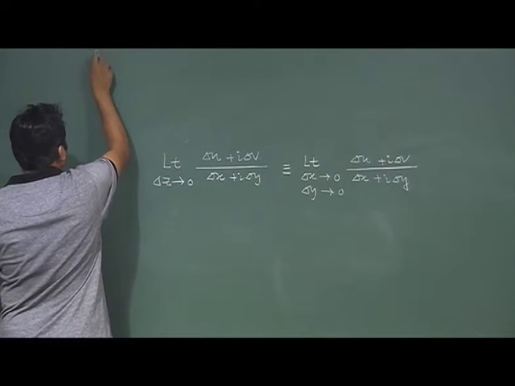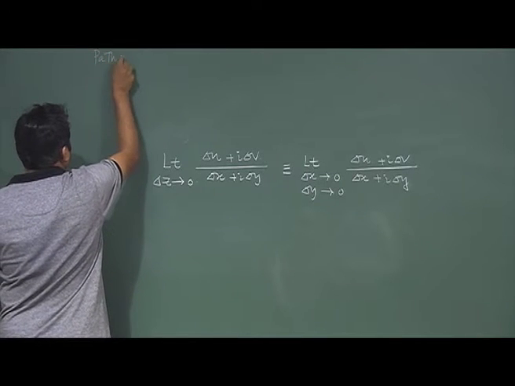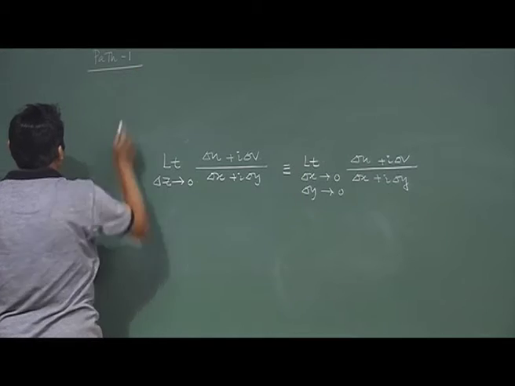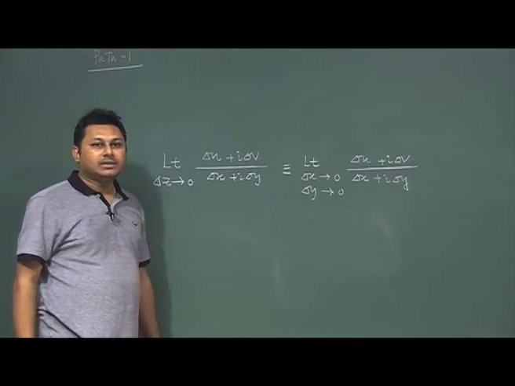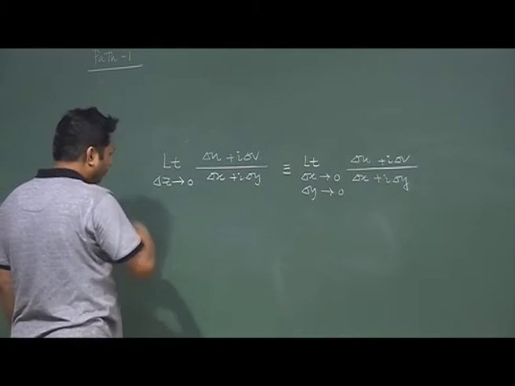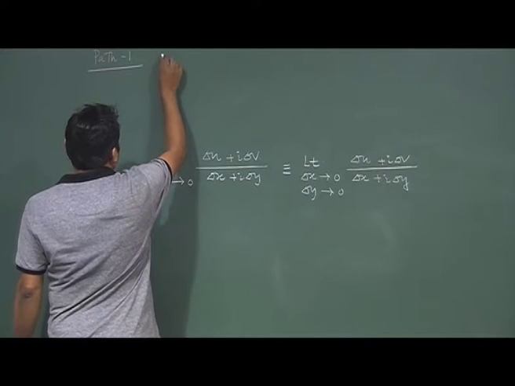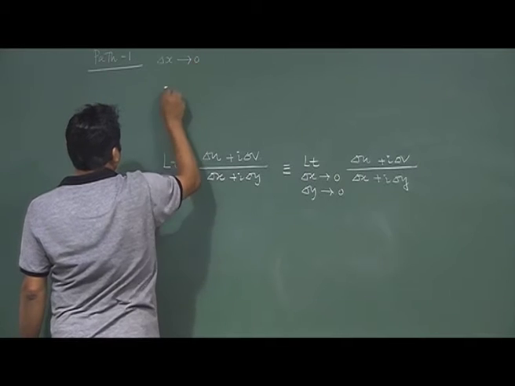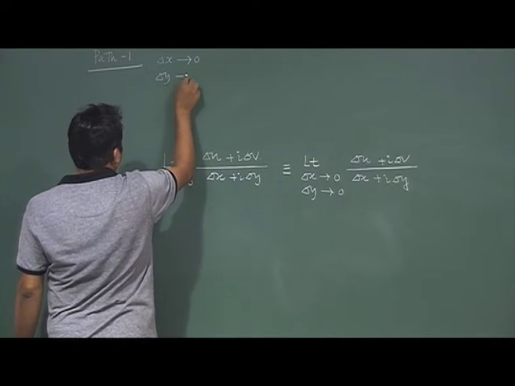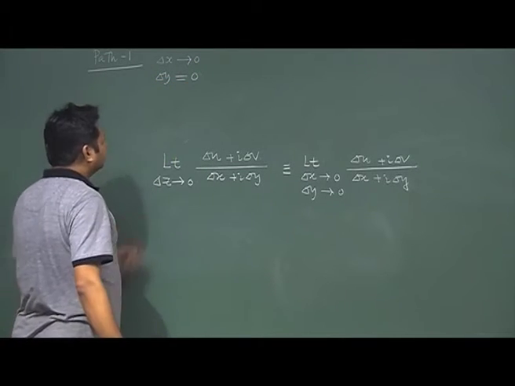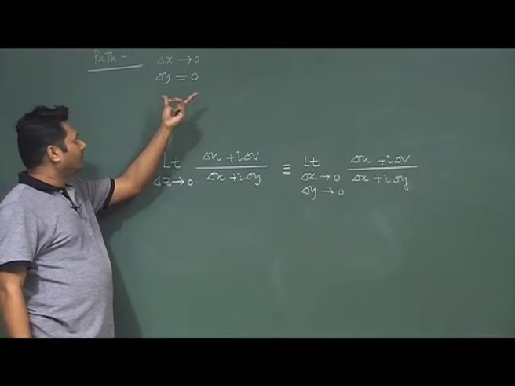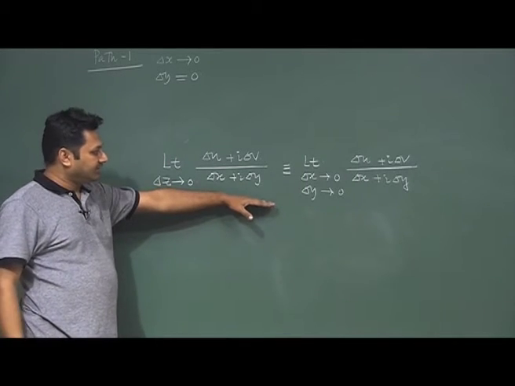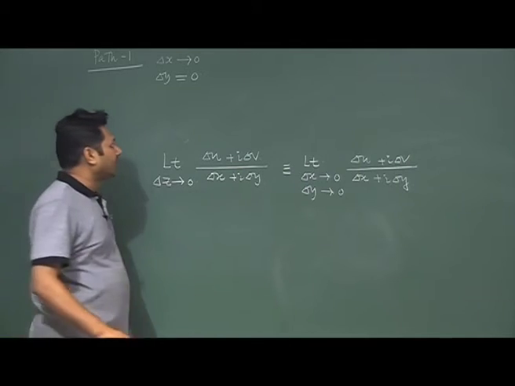Path 1. So, path 1 is what? I say delta x tends to 0, but delta y is 0. I showed that. So, if I put this here, then things will be slightly simpler. How?